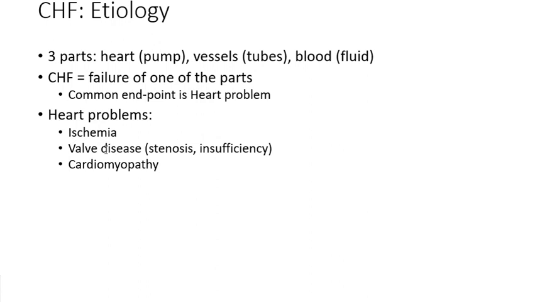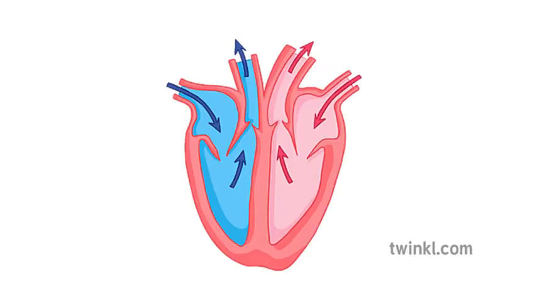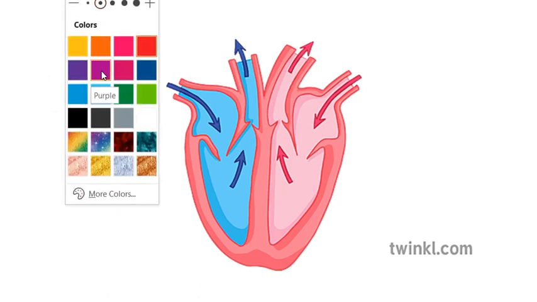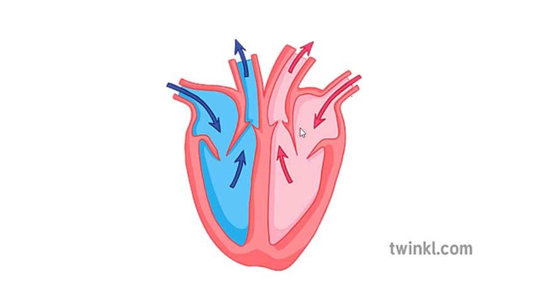Just about this point of valve disease, so stenosis or insufficiency. So this is a heart right here, okay? This is the right heart, left heart. This is the right atrium, right ventricle, left atrium, left ventricle.